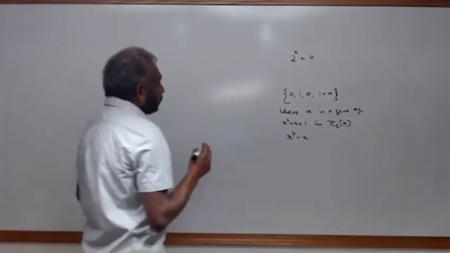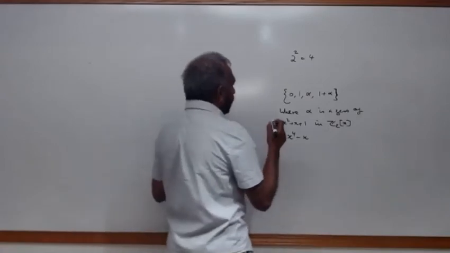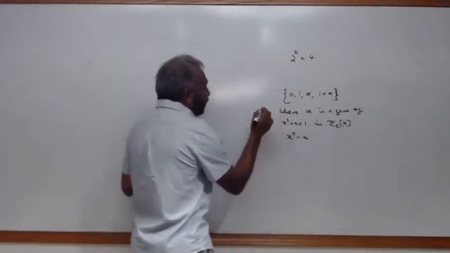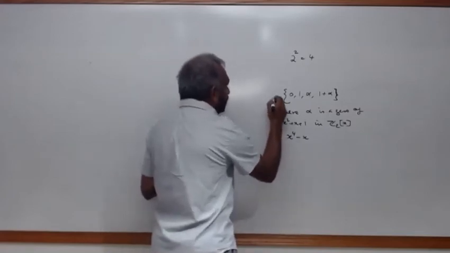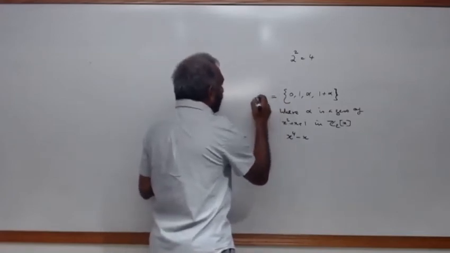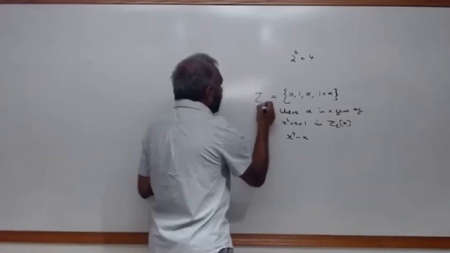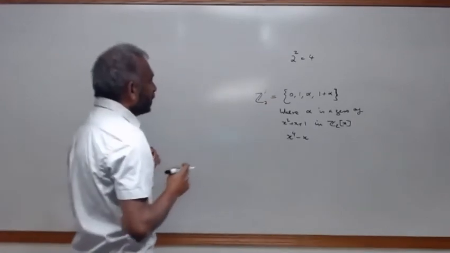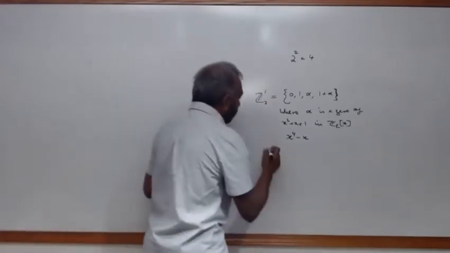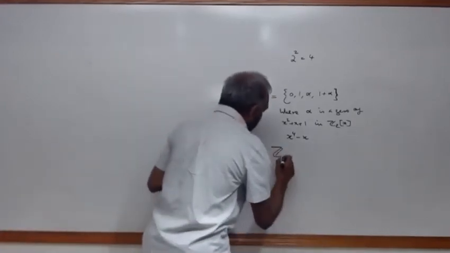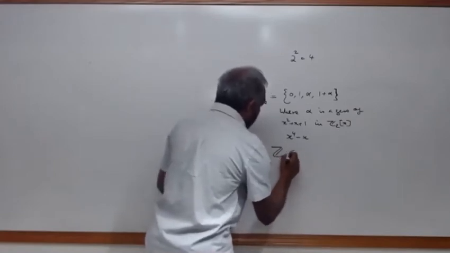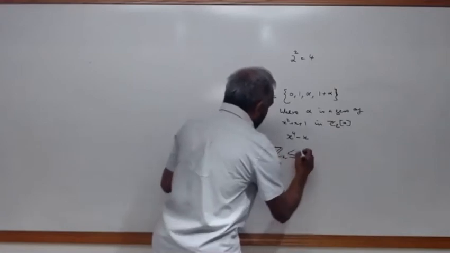Now, there are 2 things we need to observe here. One is this, let us say Z2 prime, actually this is an extension of Z2.